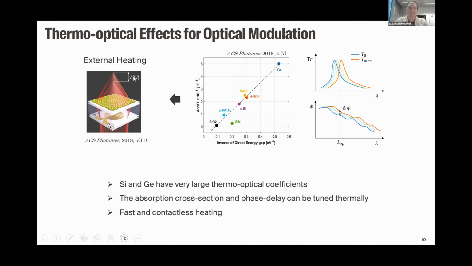And this is another sort of hybrid demonstration from a group of Romain Quidant, where they now use rather the thermo-optical coefficient of a PDMS layer combined with a fixed metal lens to obtain a very sizable focal shift of the combined system.